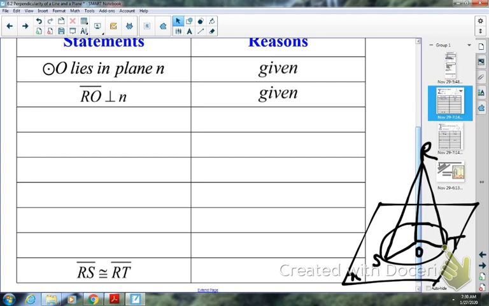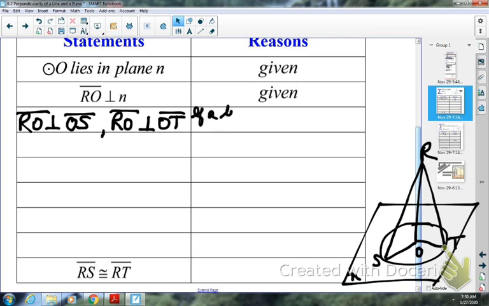So RO intersects the plane at point O. So we can state then that RO is perpendicular to OS, and we can also state that RO is perpendicular to OT. Okay, and my reason is just what I was saying a little bit ago.